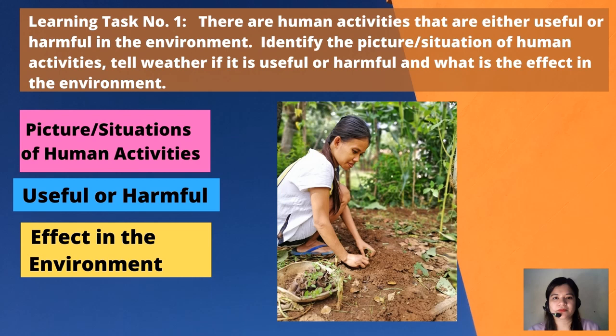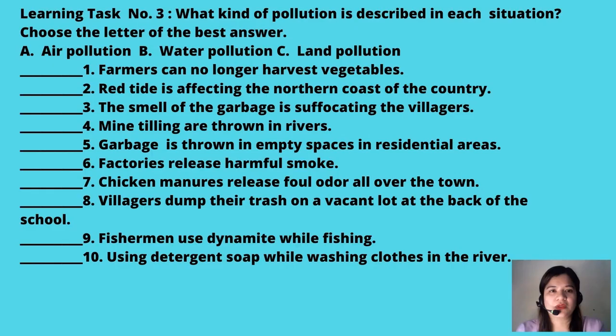The girl is planting trees or planting vegetables. Is it useful or harmful? What do you think is the effect in the environment? Very good. You may send your answer in our Google Classroom or in our FB page.